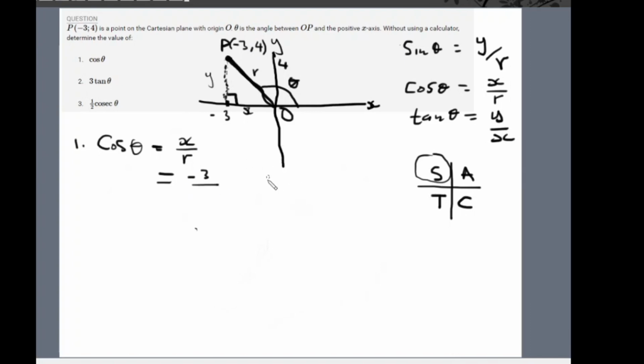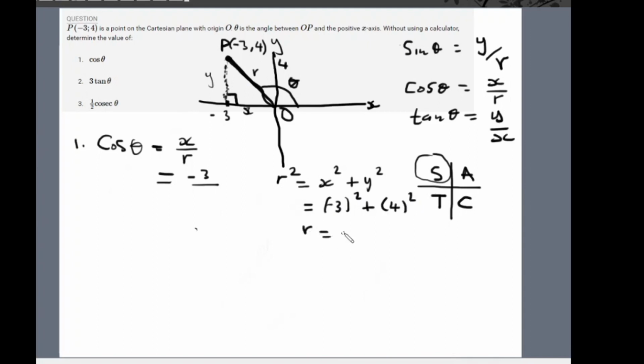But r we do not know, so we have to calculate r. How do we calculate r? Calculate r using the theorem of Pythagoras, right? R squared is equal to x squared plus y squared. x is -3, so we substitute -3 there, and y is 4, we substitute 4 there, right?